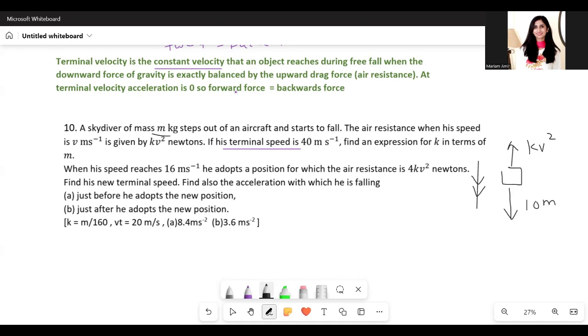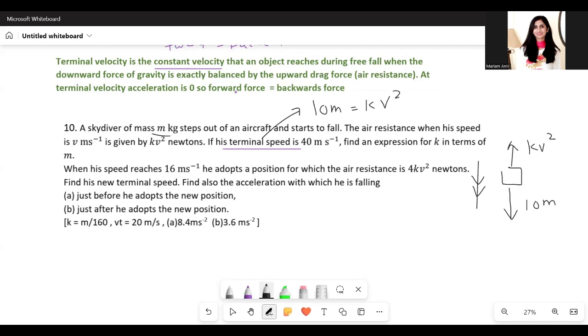If his terminal speed is 40, terminal speed is again when forward force is equal to backward force. So we have to use 10m equals kv squared, and v is actually 40 at this stage. Find an expression for k in terms of m.